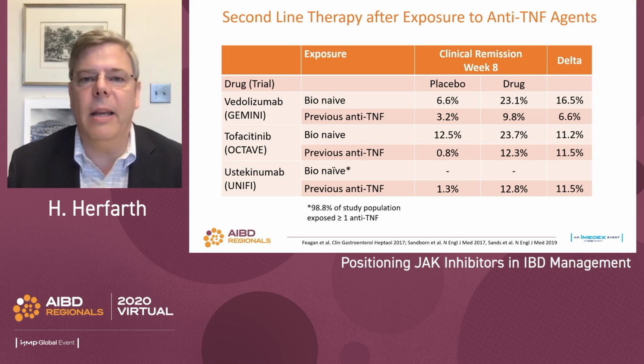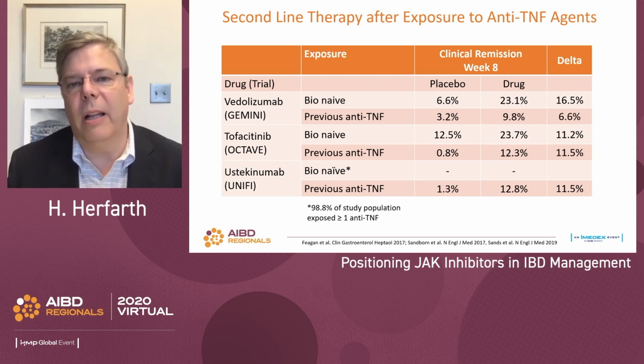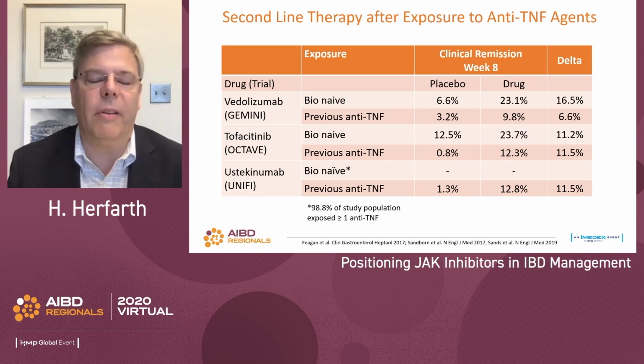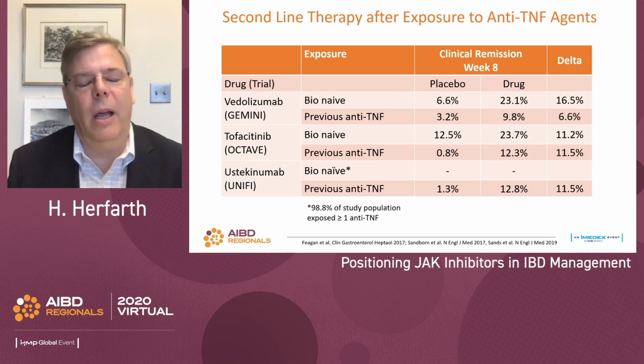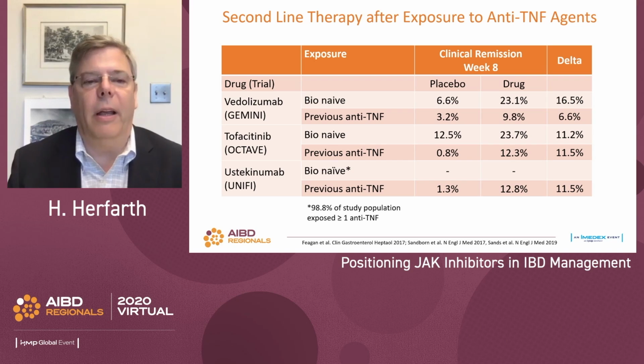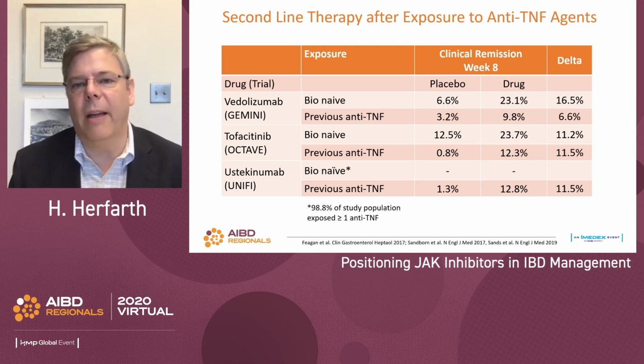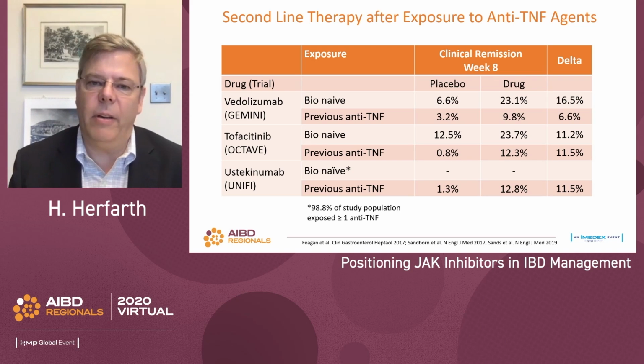And clearly for vedolizumab, you see less efficacy in the previous anti-TNF exposed patients. It decreased by 10%. However, this is not the case for tofacitinib. And interestingly, in the ustekinumab trial, nearly 100%, 98.8%, of the study population were already exposed to more than one anti-TNF, and the delta in efficacy was similar to tofacitinib.